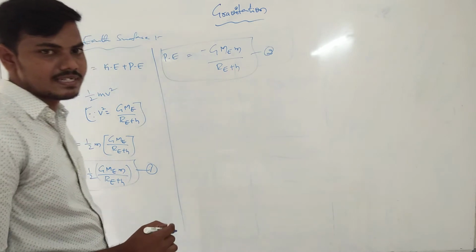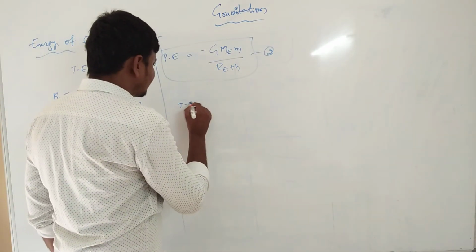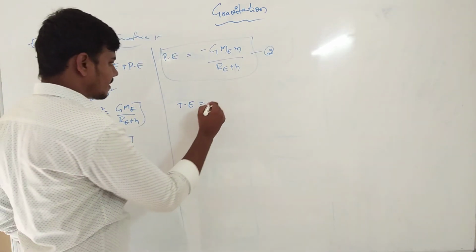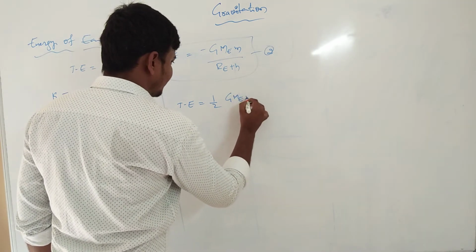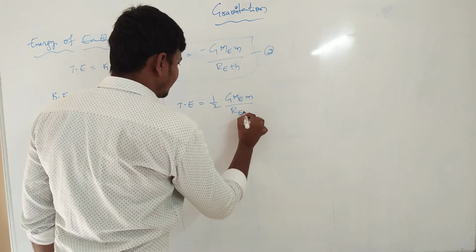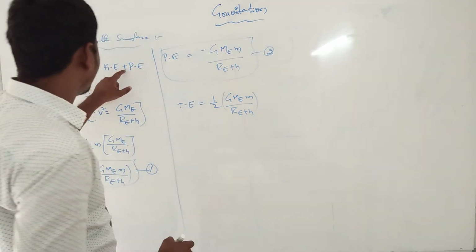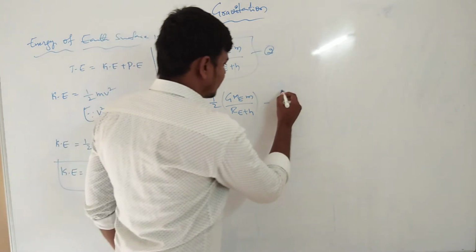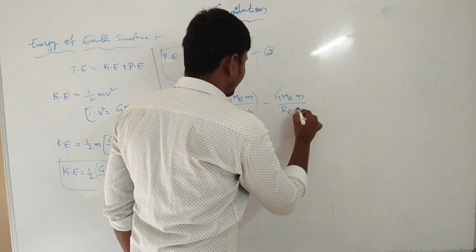There are two equations in total energy. Okay. Now total energy is equal to how much we can take? This is the half of the property. Now 1/2 G M_E m / (R_E + H), plus into minus gives minus.